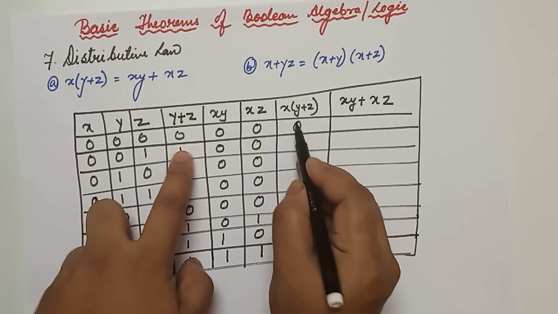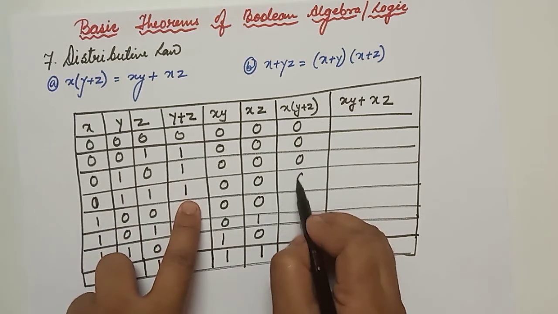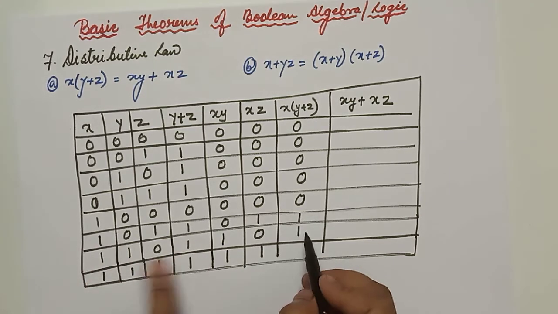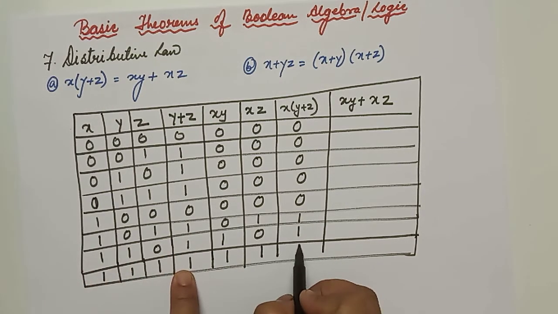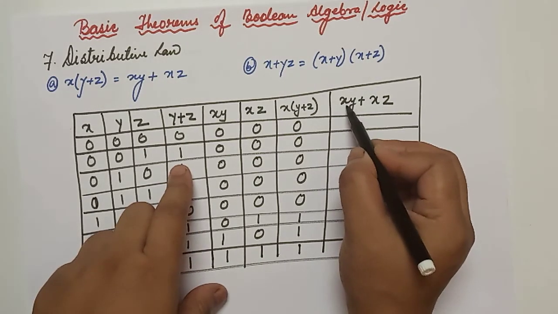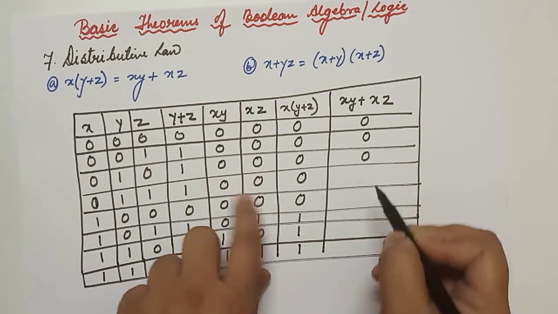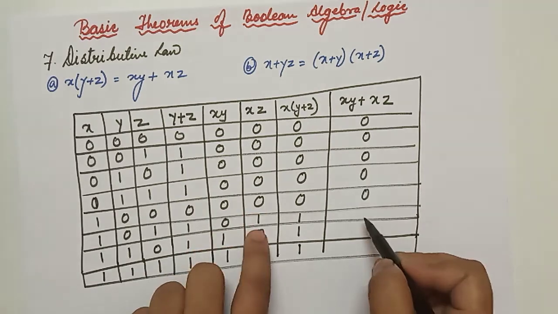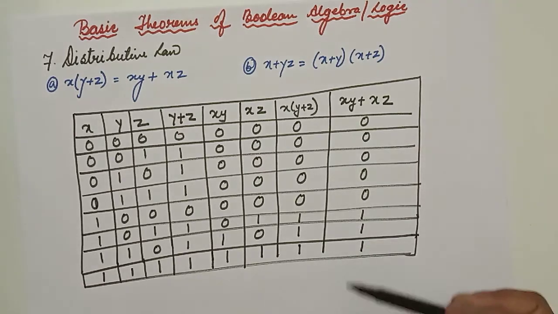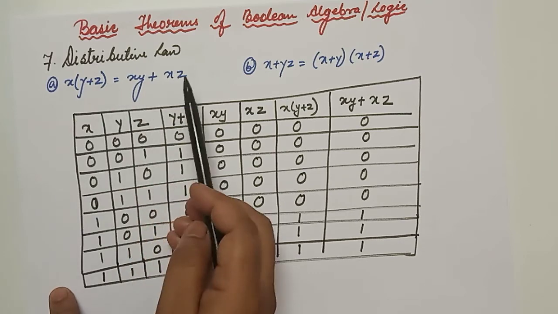So 0, 0, 0, 0, 1, 0, 0, it's 0, 0, it's 1, 1 and it's 1. Now let's see what shall be the value of the xy plus xz. It's 0, 0, 0, 0, 0, it's 1, 1, 1. Now you can see both the columns are having the identical values. Hence, we have proved that this Boolean expression is equivalent to this Boolean expression.